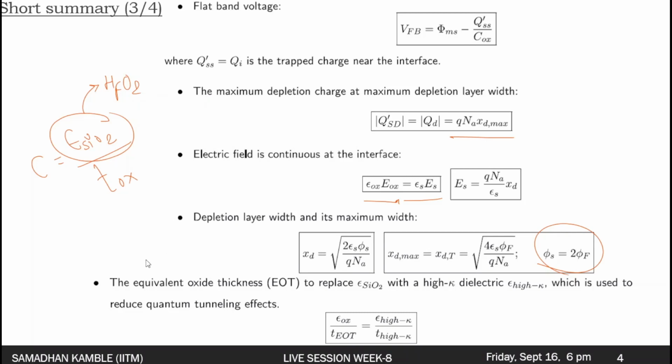Okay, so here one important parameter that we can define is the effective oxide thickness, or the equivalent oxide thickness.